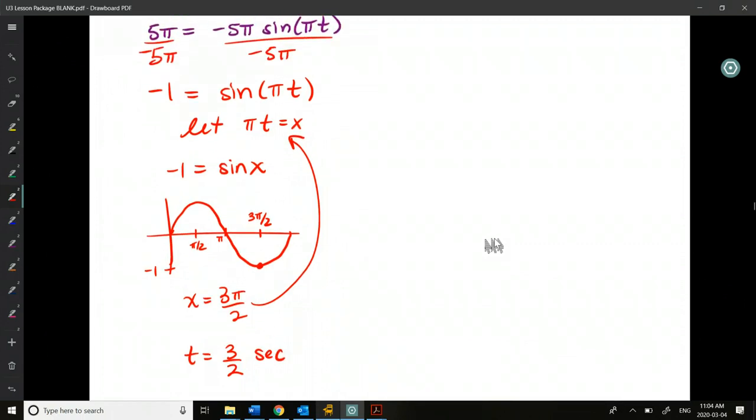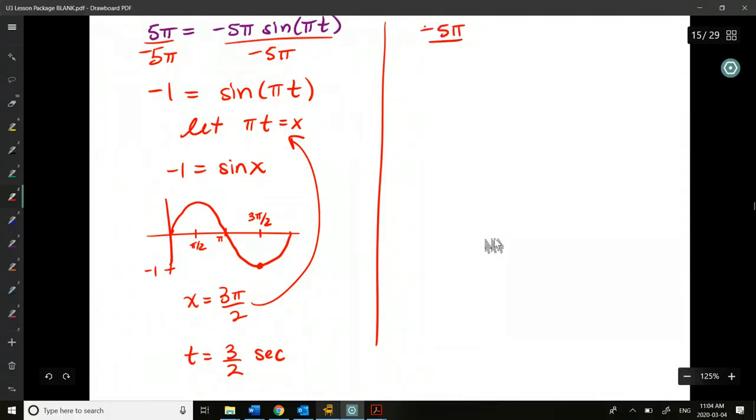Okay, and then you would also solve for the minimum as well. In this scenario, you would put in negative 5 pi, you divide that by 5 pi, and then you'd be solving for where sine of pi t equals 1. So we can also use the graph for this, if you do a little let statement.